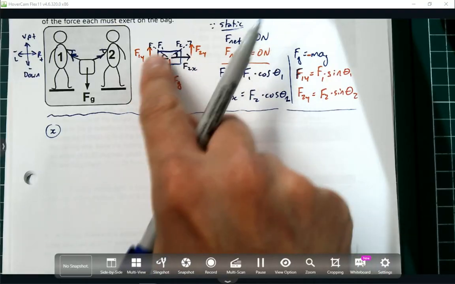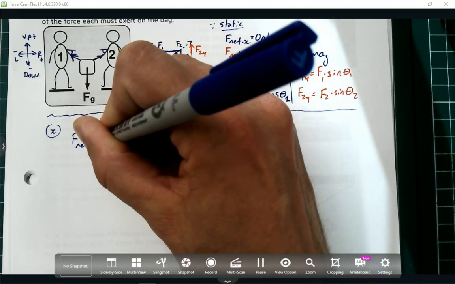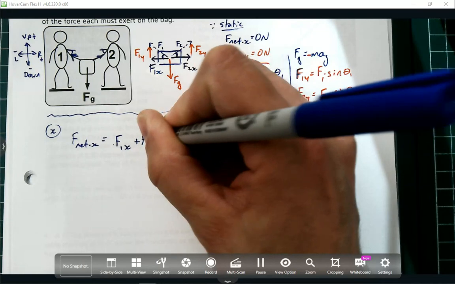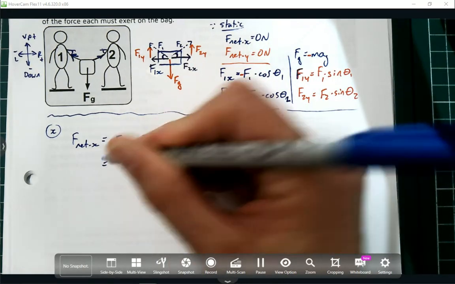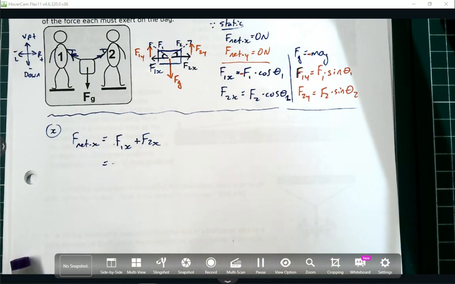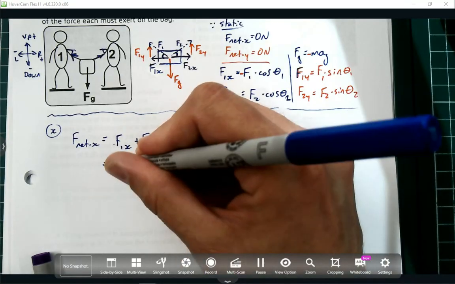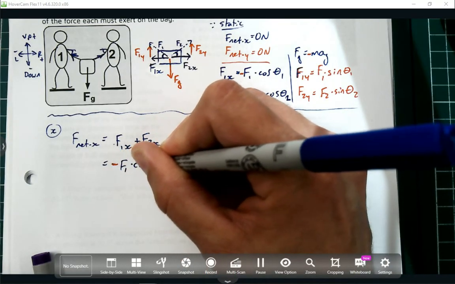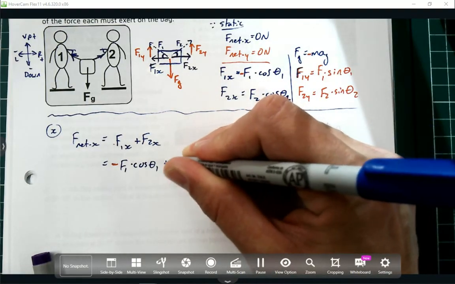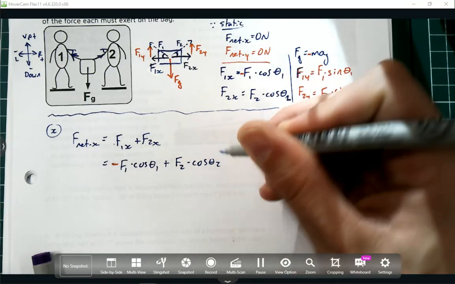Of course, everything that's going in the X direction is equal to F net X. So F net X is equal to F1x plus F2x, which we said we should really write as negative, I'll put it in red just to make sure we know that it's there, negative F1 times cosine theta 1 for Jake plus F2 times cosine theta 2.